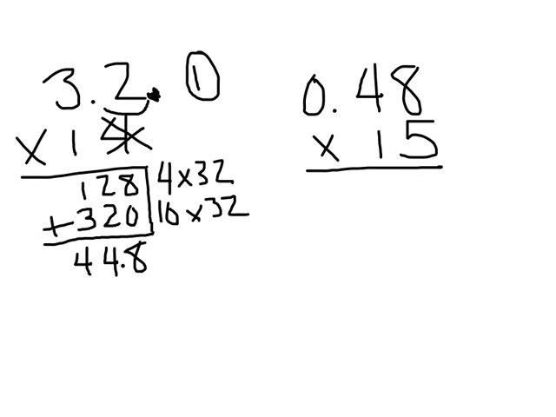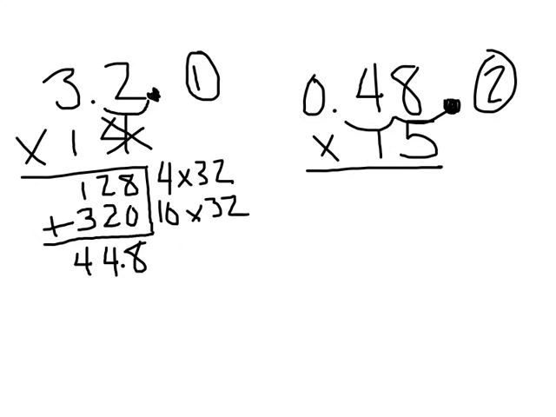Now you try an example. 48 hundredths times 15. First, how many digits are going to need to be behind the decimal? 1, 2. There are going to be 2 digits behind the decimal in my answer. Now I can multiply like normal.